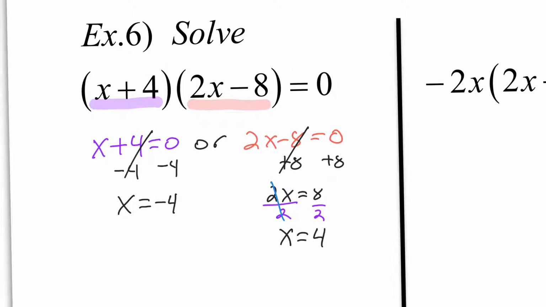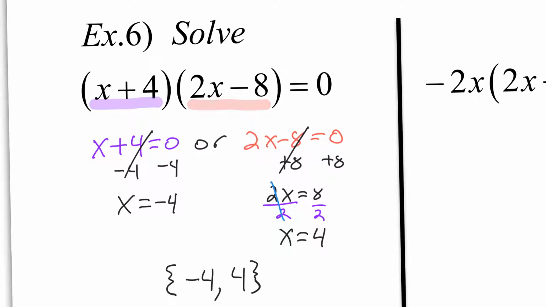Now, the way I want you to write your answer is using brackets. So when you find the x values, we are going to write the answer using brackets. You always start with the lowest number. So -4 is the lowest one, comma, and 4 is the biggest number. And then you close the brackets. One thing you have to understand, this is not a point. Do not use parentheses.